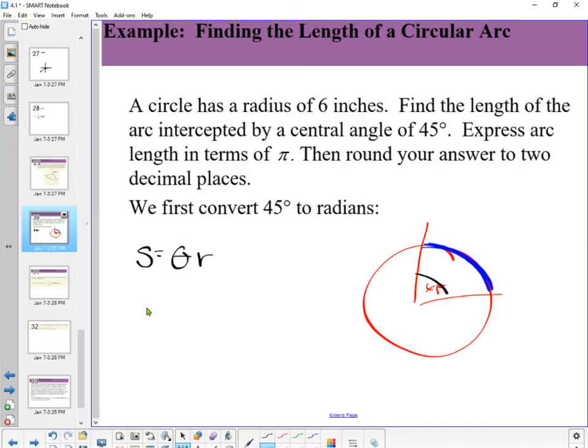What's the radius? Oh, the radius is 6. So 6 times 45, not 45, it has to be in radians. 6 times what is it? So multiply those two. Oh, and then you round it. You just leave it like that.